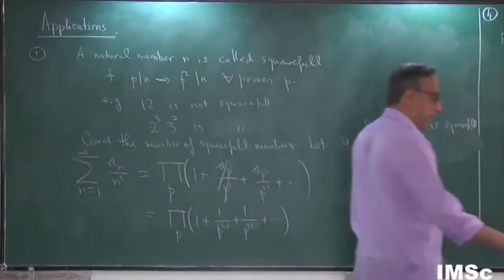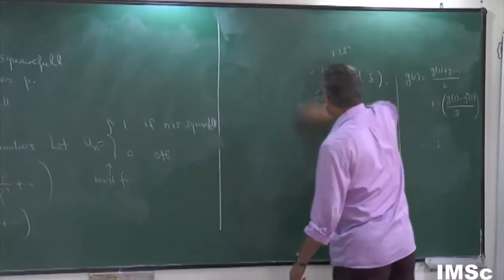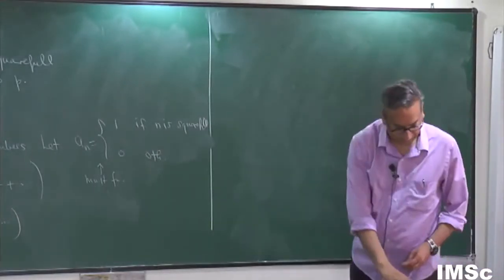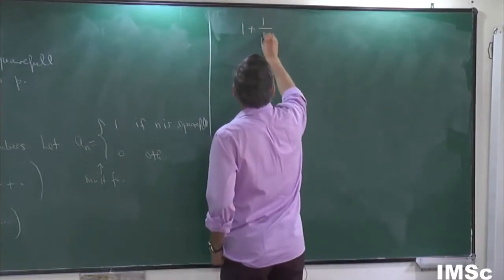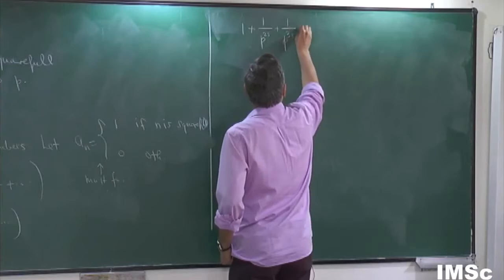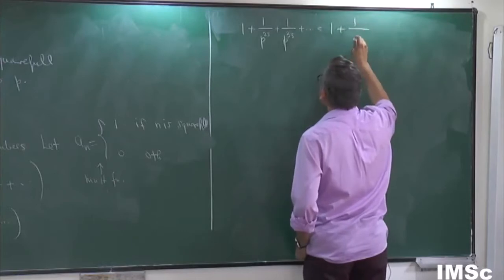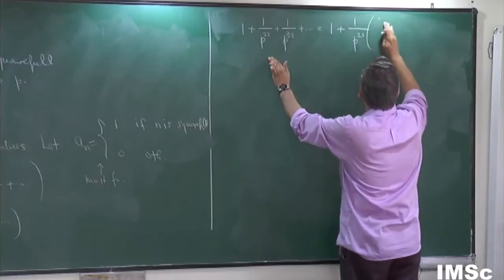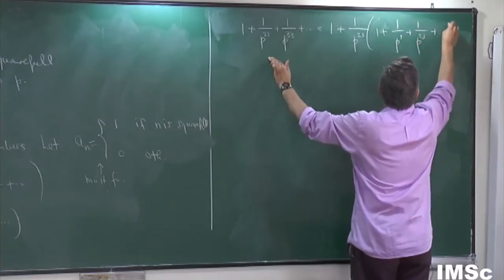So I think we can sum that. How do we sum this? I think you can all do this. It's a geometric series from here onwards, right? So from here onwards, I have 1 plus 1 over p to the s plus 1 over p to the 2s, dot, dot, dot.